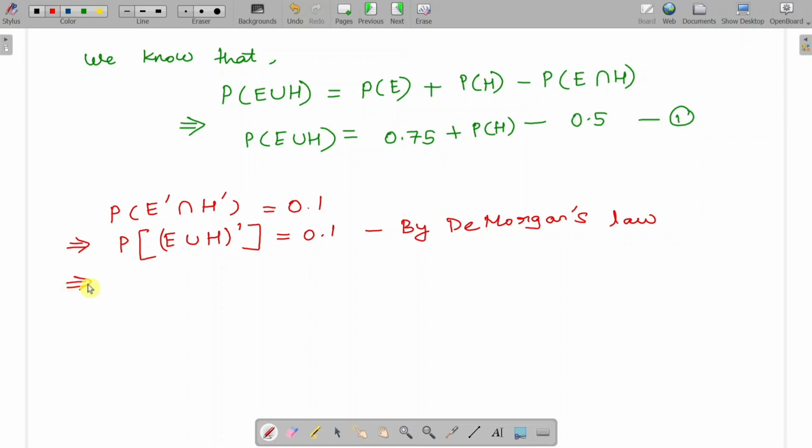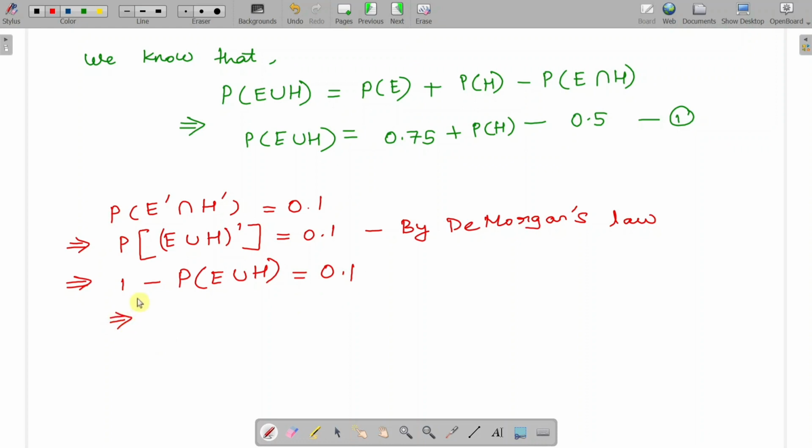Now you know the probability of the complement of a set is 1 minus the probability of the set. So 1 minus probability of E union H is equal to 0.1.